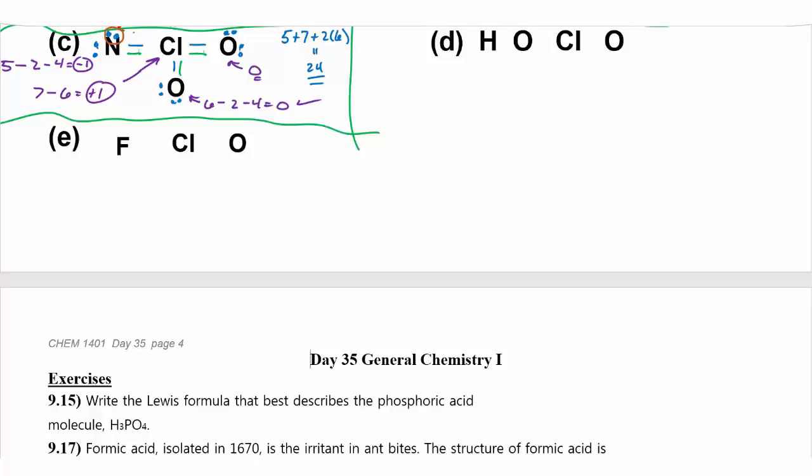Let's try moving this lone pair in and making another bond and see what happens. When I do that, now I have a triple bond there. And I need to recalculate my formal charges. Now for nitrogen, I have 5 valence minus 3 bonds minus 2 lone electrons.